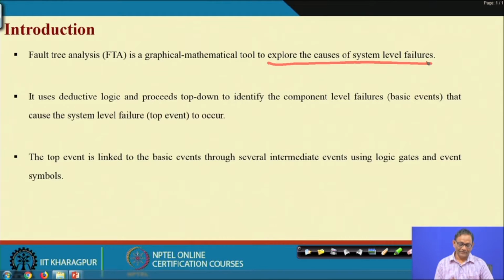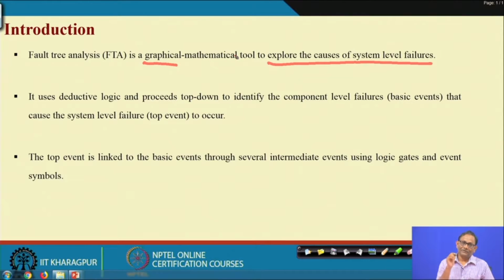Because we will be using several symbols, event symbols and gate symbols, and the event symbols will be linked with the appropriate gates. By this process we get a graphical tree which ultimately enumerates the causes of system level or top level failure. Why is it mathematical?